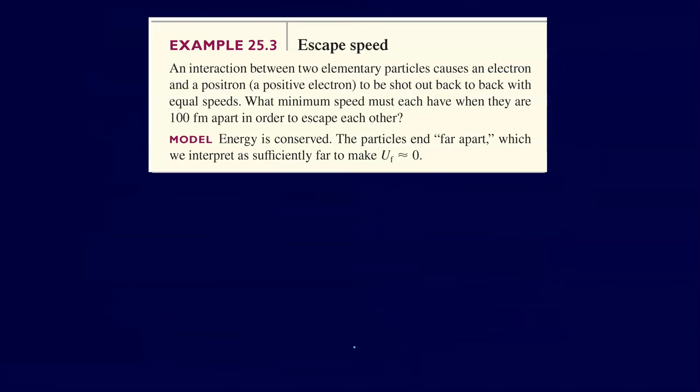With that, we can solve problems that we can't solve as easily with forces. Here we have an interaction between two elementary particles that causes an electron and a positron, a particle that's a positive electron, to be shot out back to back with equal speeds. What minimum speed must each have when they are 100 femtometers apart in order to escape each other?